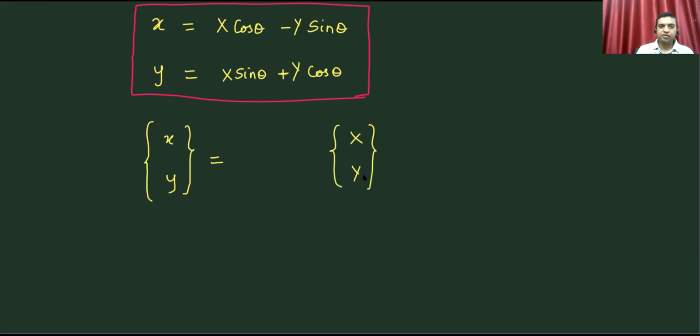This is a column matrix. The transformation matrix is cos theta, minus sin theta, sin theta and cos theta. Okay, so this is another way to remember the same thing.